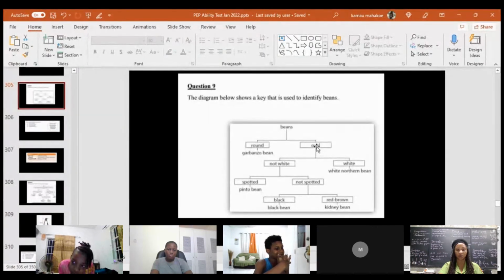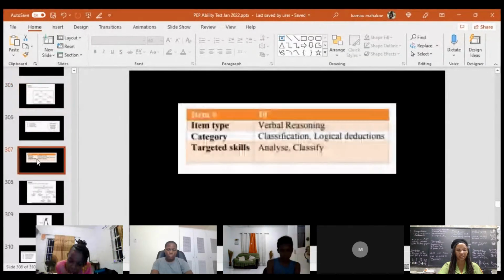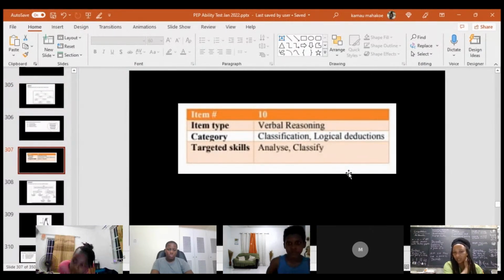So that's correct: oval and spotted, pinto bean. So that's correct, Jaden. Item 10 is verbal reasoning, category classification, logical deduction, targeting skills to analyze and classify.